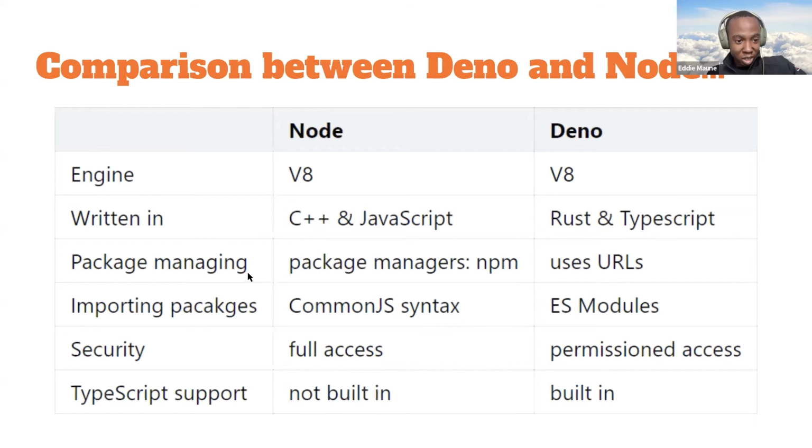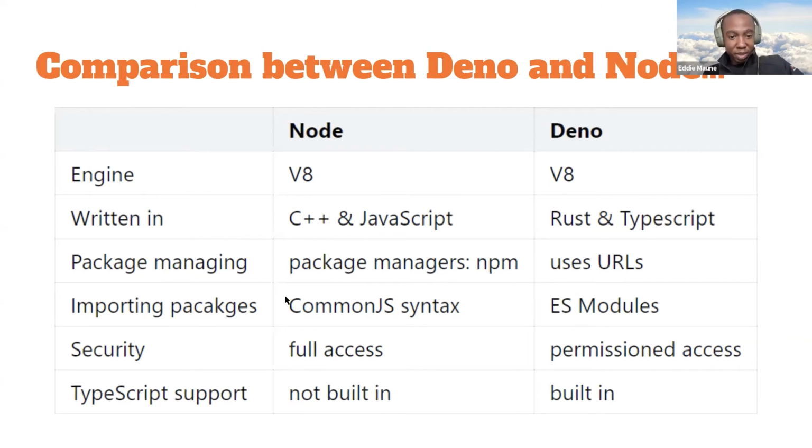Another difference is package managing. Node uses npm, for those of you who know Node, and Deno uses URLs. I'll show that to you in the demo shortly.